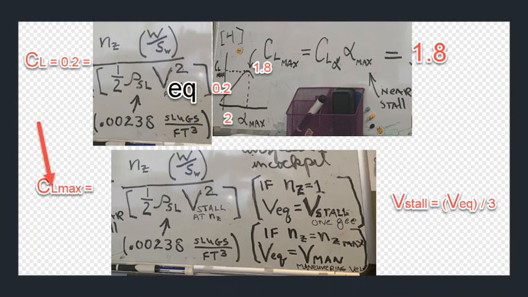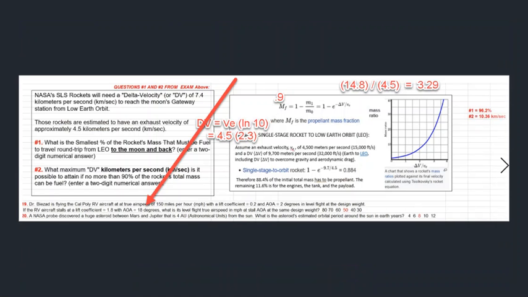So my CL max of 1.8 will be 9 times my original if I fly at the stall speed, and the stall speed will be 1/3 of my 150. 1/3 of 150 is 50 miles an hour. So that's the answer.